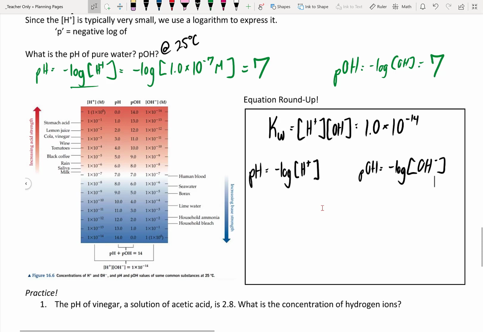First, we can undo them. I'm going to do the ones in green that are not on your equation sheet. So to undo a log, you do 10 to that power. So 10 to the negative pH is going to equal the concentration of H plus. And thus it's the same for pOH.